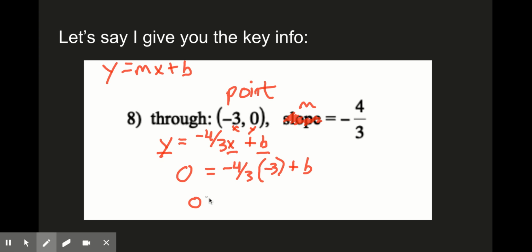So 0 equals, this is going to be positive 4. Negative 4 times negative 3 is positive 12 divided by 3. So 4 plus b. Then I can subtract 4 from both sides.